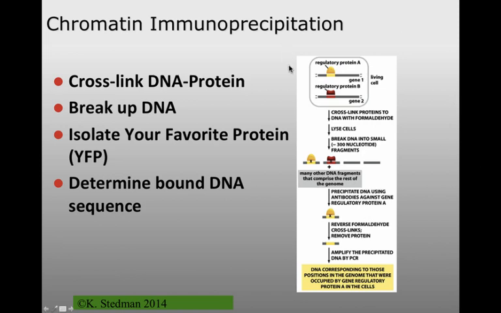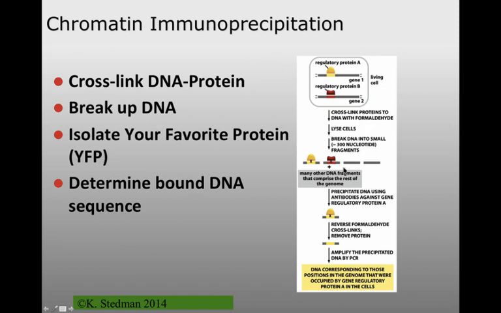So the first step here is you cross-link the DNA to your proteins. There's chemical ways of doing this. Won't get into the details here. Once you have this cross-linking that's taking place, then you chop up this DNA into lots of small pieces. So now you've got lots of small pieces of DNA, some of which are cross-linked to proteins. Now you just care about one of those proteins, so you put in an antibody to YFP, your favorite protein.